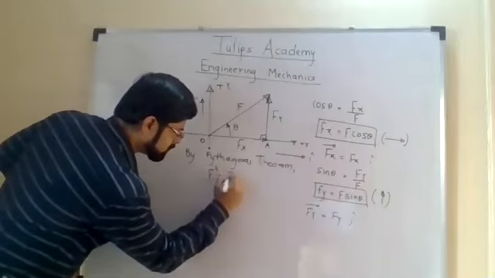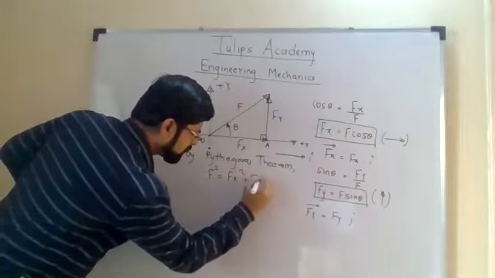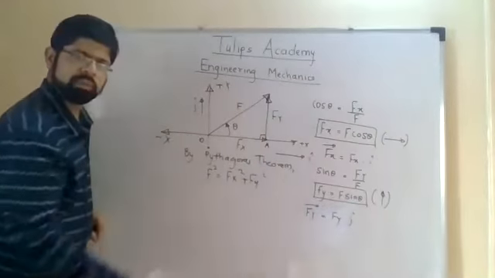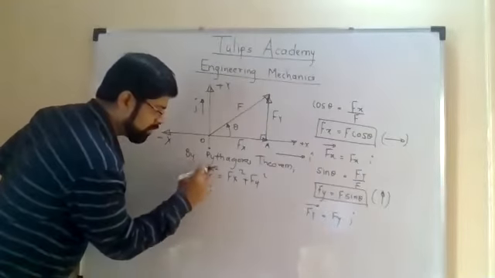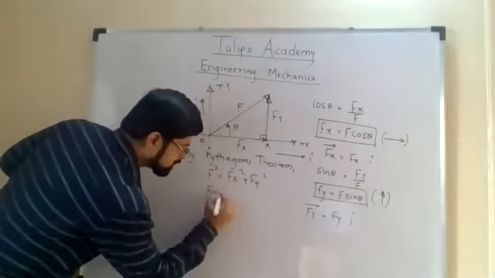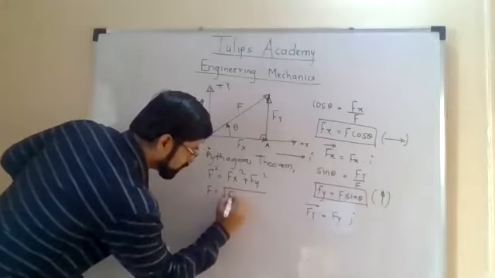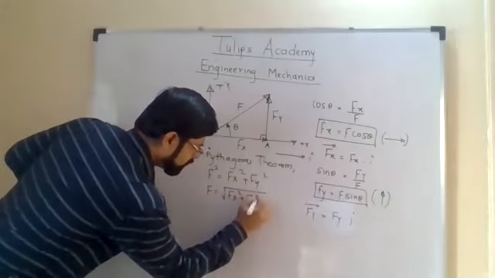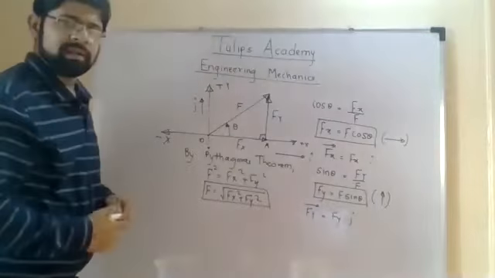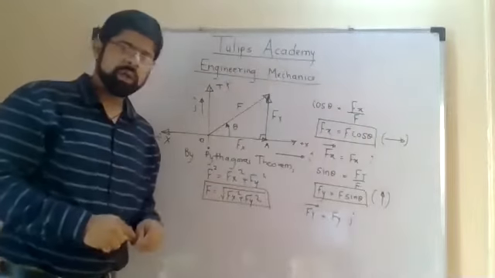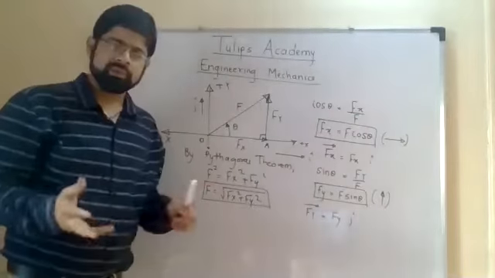F square is Fx square plus Fy square, and then take the square roots on both the sides. So square root of F square is F. Square will be cancelled with square root, and square root of the entire right hand side will be square root of Fx square plus Fy square. So this is my formula when Fx and Fy are given, and I am supposed to calculate F.